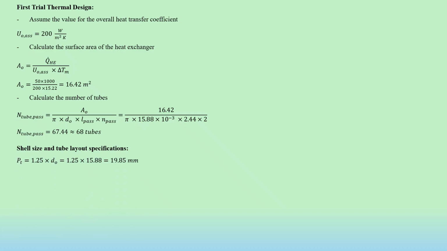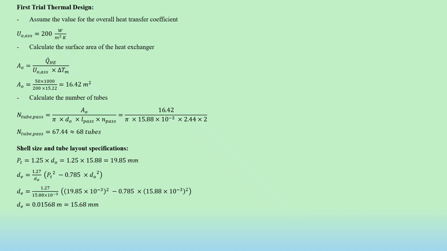The shell size can be estimated from the knowledge of the tube pitch and, of course, the tube pitch will be reflected on the size of the tube bundle, and we may calculate even the equivalent of the shell side to be 15.68 millimeter, and the bundle diameter and shell size d sub b equal to d naught times this parameter n sub t, total number of tubes divided by k1 to the power 1 over n1.